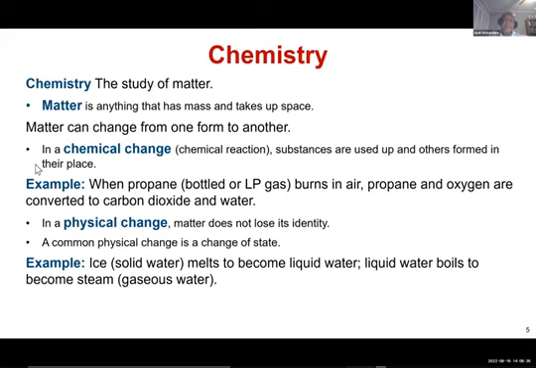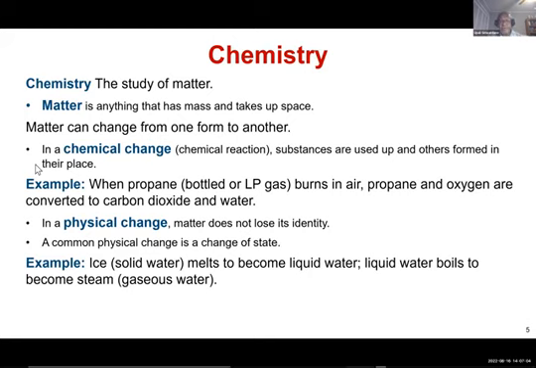In a physical change, it's only a change in the state. Physical change is melting. Water, as an example, H2O. When ice melts, solid water, which is called ice, changes to liquid.